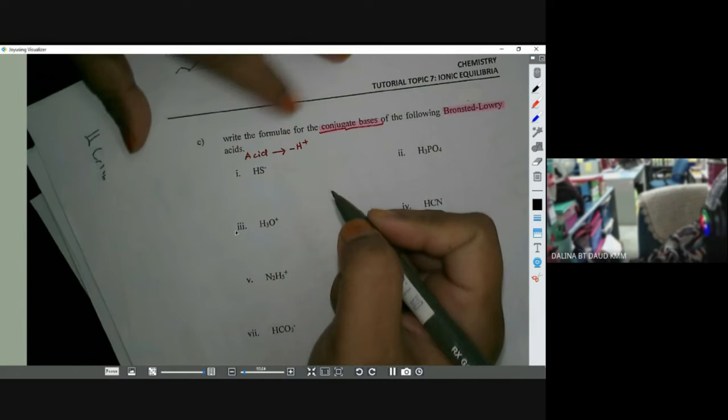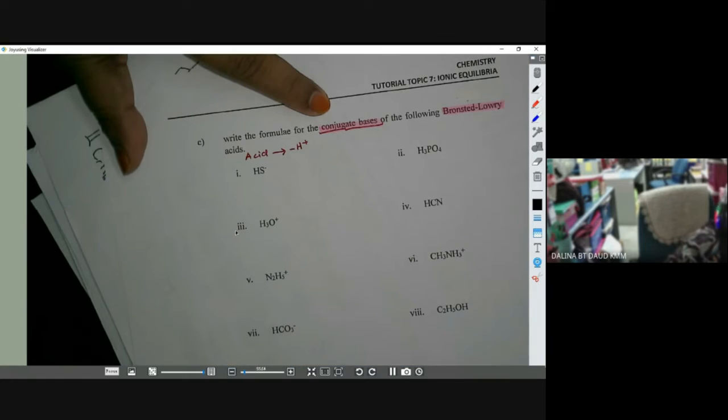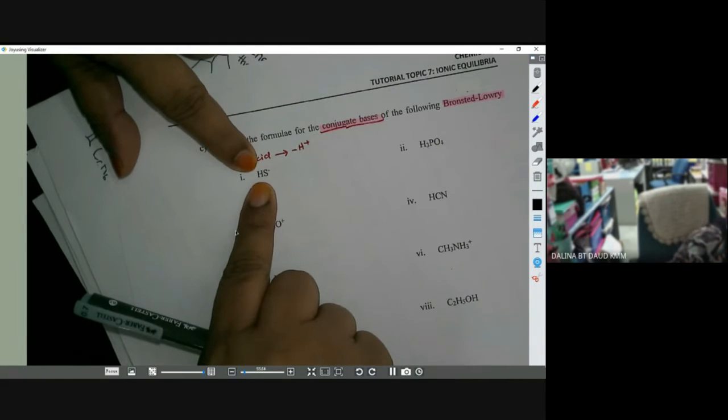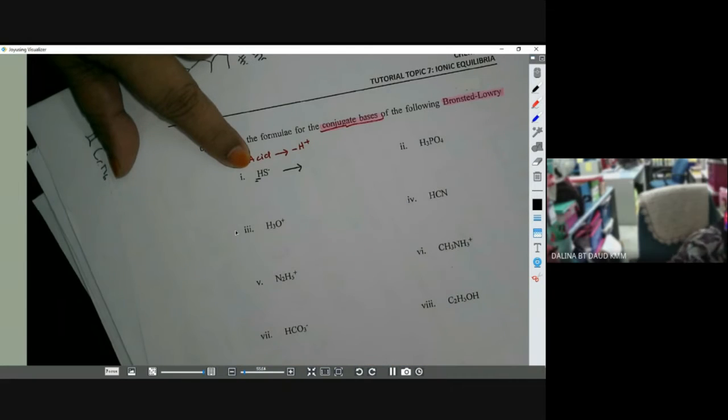Acid. Donate kan? Betul lah, dia acid. Write the formula for the conjugate base for the following. Okay. Acid. Bila dia buang satu H, dia akan jadi apa? S. Okay.